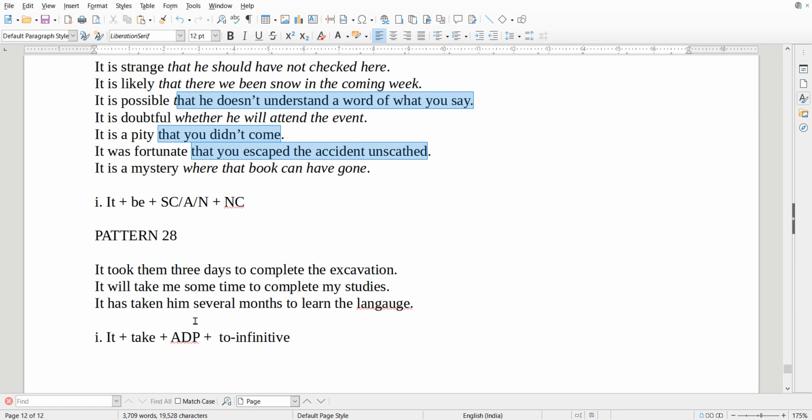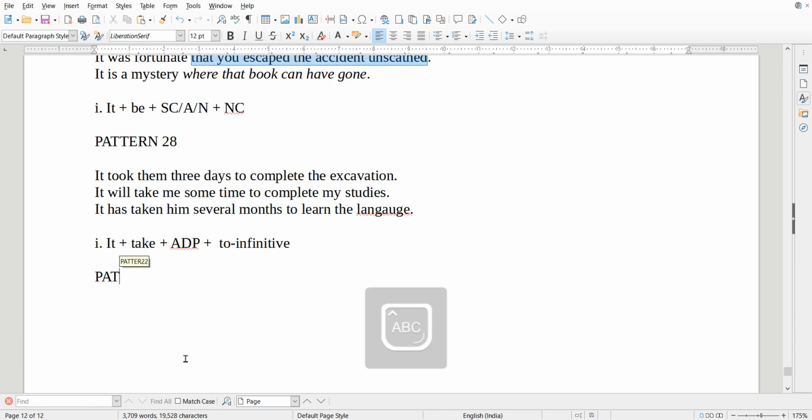And the next pattern is, I'm sorry I'm not giving you a lot of examples, but I need to complete it. There are 6 more patterns to be done after this. So this is easy enough. He is too weak to carry on. So he's very weak, and he's unable to carry on because of that.